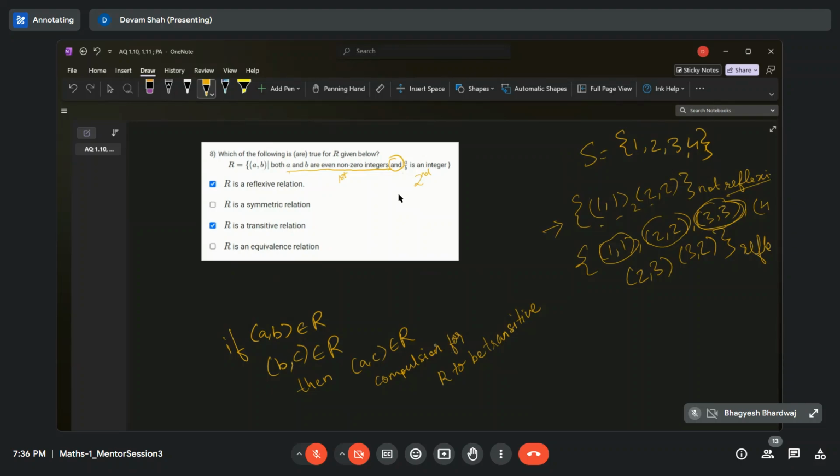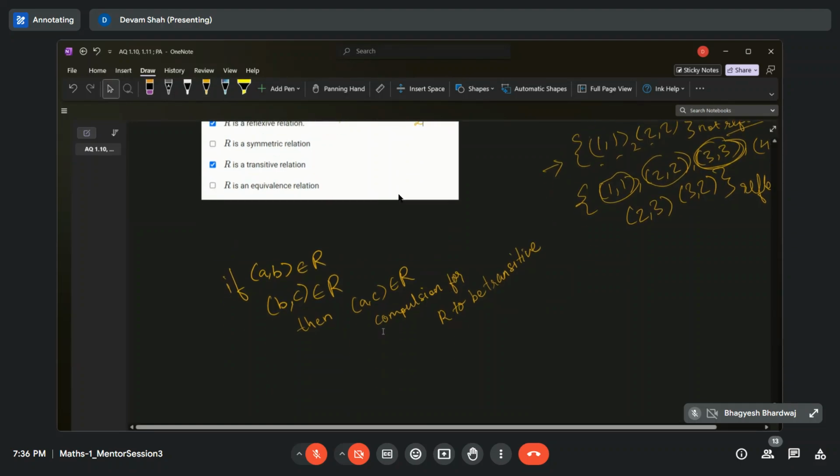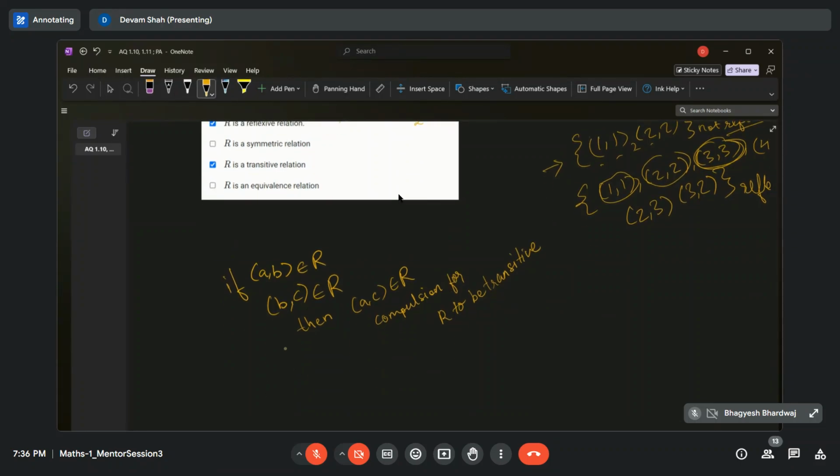Okay, what is it? Actually, if the element is present in the set, and the other elements are also present in the set, will it be transitive or not? For that, you have to check whether the other elements are also satisfying the transitivity.